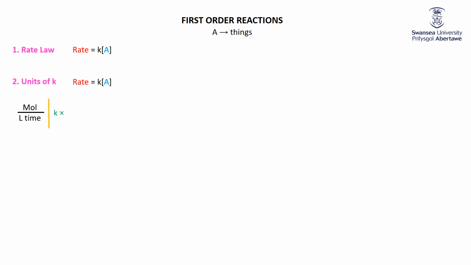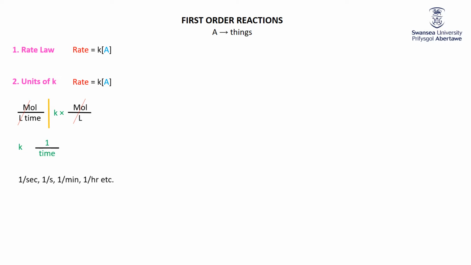On the right-hand side of the equation, we've got k, which we don't know the units for, times the concentration of A. Well, concentration is moles per litre. So you can see you've got moles per litre on the left-hand side, moles per litre on the right-hand side. Those will cancel out, and that tells us that the units of k have to be 1 over time.